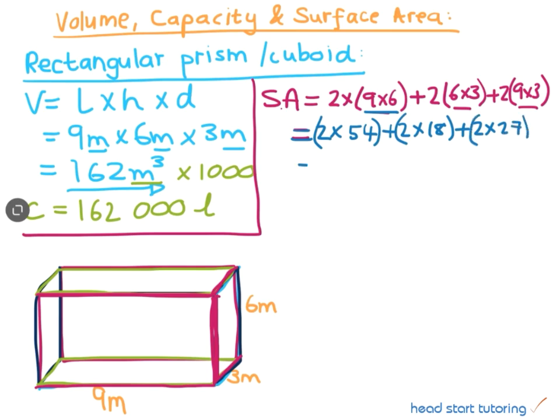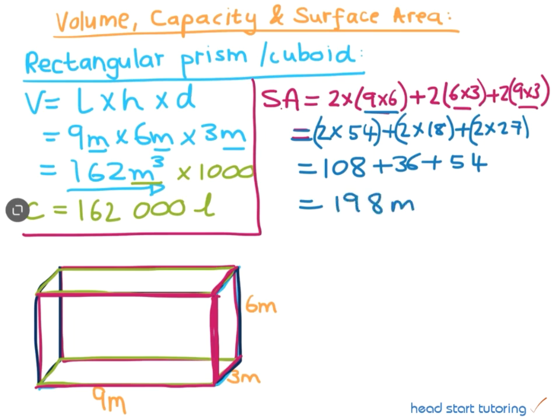So this is quite a lot of working out, but if you work those out, what you will end up with is 2 times 54 is 108, plus 2 times 18, which is 36, plus 2 times 27, which is 54, and then you just add those all together, and you get an answer of 198.